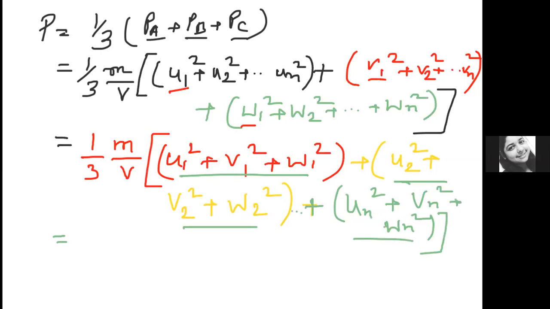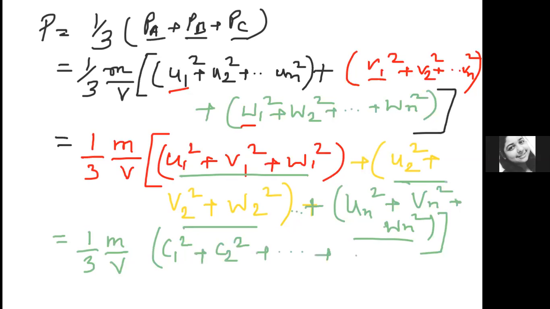So I can write 1/3 m by v into C1 square plus C2 square plus dot dot dot plus Cn square. Give this relation 5.